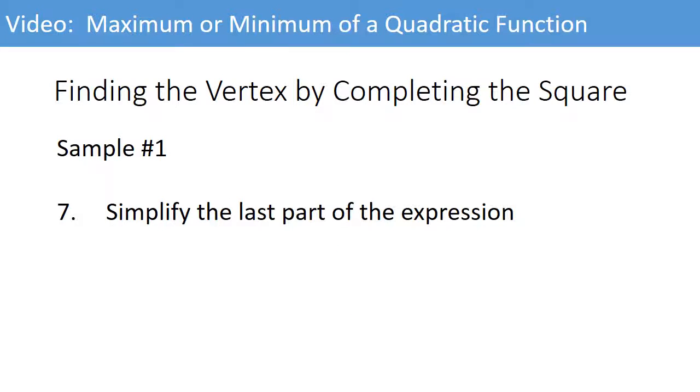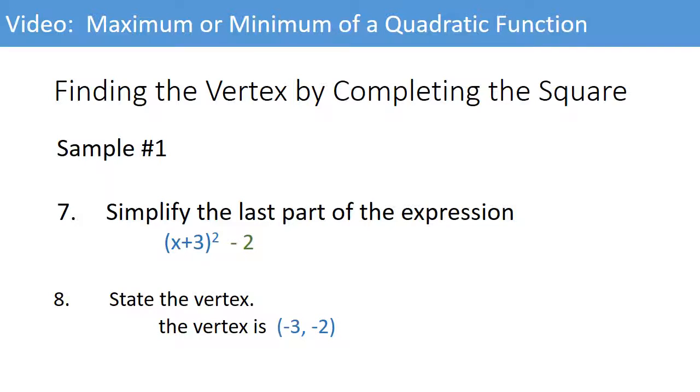And now we're going to simplify the last part of the expression to get negative 2. So the vertex will be negative 3, negative 2. Always remember to take out the h value 3, but change the sign. So if it's positive, the vertex will be negative. If it's negative, the vertex will be positive.